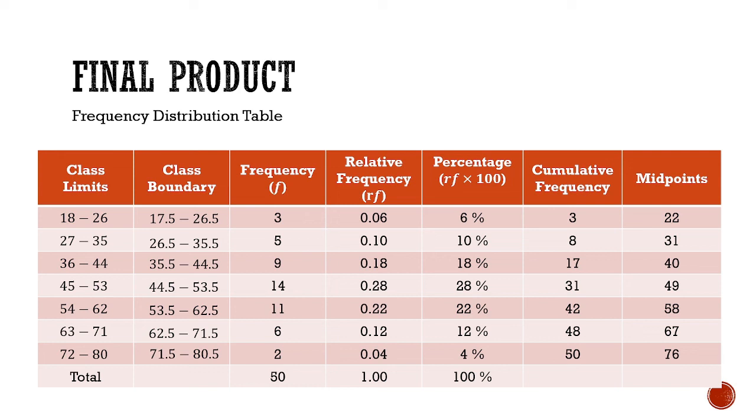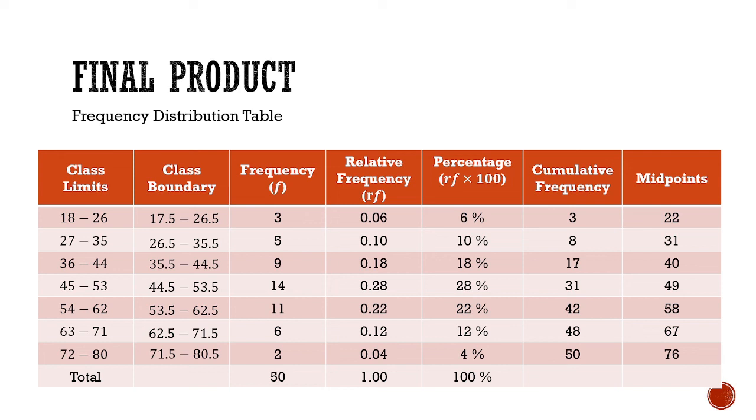nakuha natin by determining the number of classes. Okay? And by determining the number of classes or the class intervals, we just get these ranges. Then we have this class boundary.